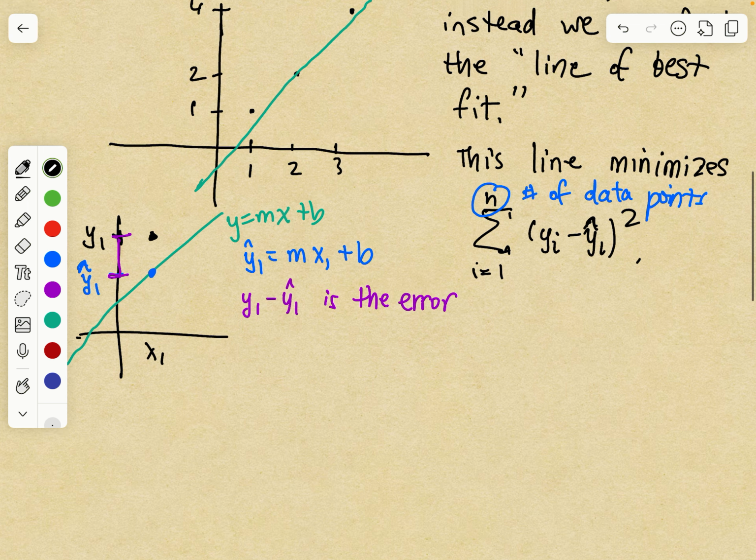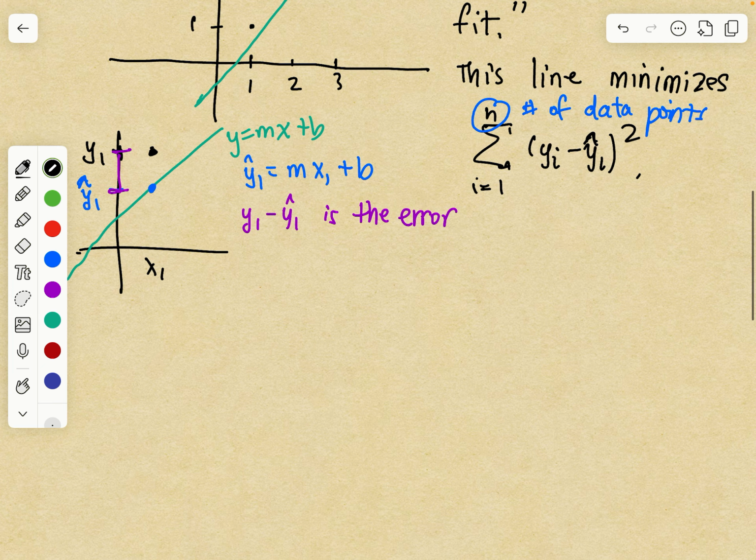Well, let's think about the connection between xi and yi hat. Each m and b will give you a different y1 hat, a different y2 hat, and a different y3 hat. The connection is that yi hat is equal to m times xi plus b.